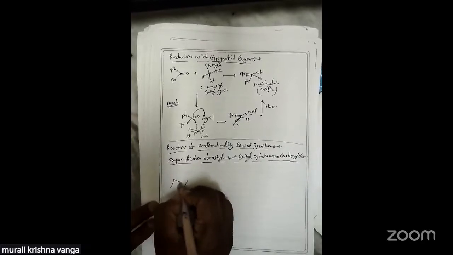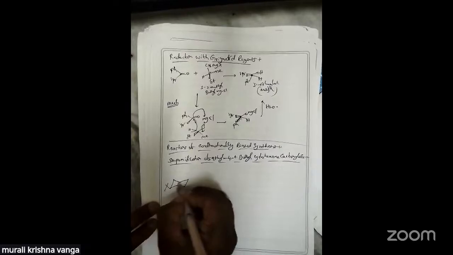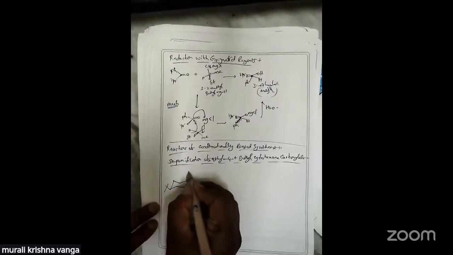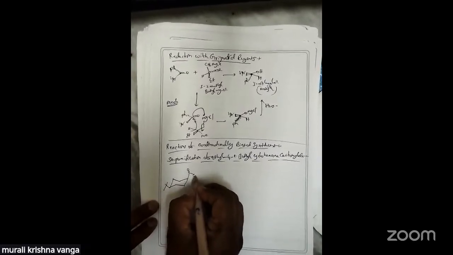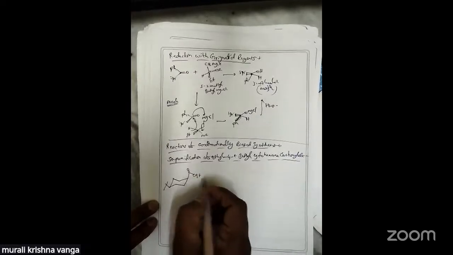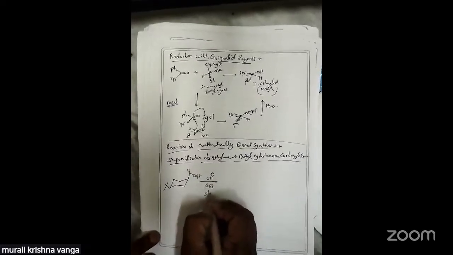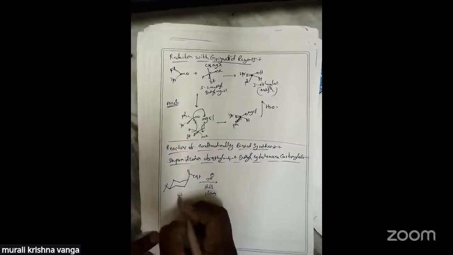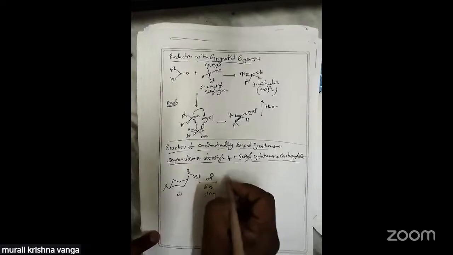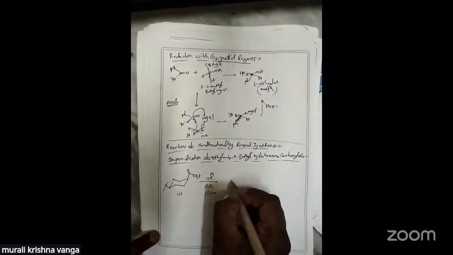This is the RDS, the slow step. This is the isomer with the slow step. Then the product is formed.